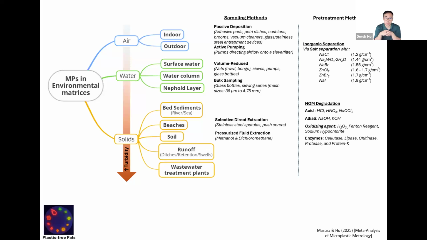For solids, we can find microplastics in bed sediments, beaches, soil runoff, and biosolids in wastewater treatment plants. And this just has different levels of turbidity, which requires different ways to collect it and treat it. But the few main techniques are selective direct extraction and pressurized fluid extraction. Additionally, you could grab samples and just digest it in its entirety to figure it out.